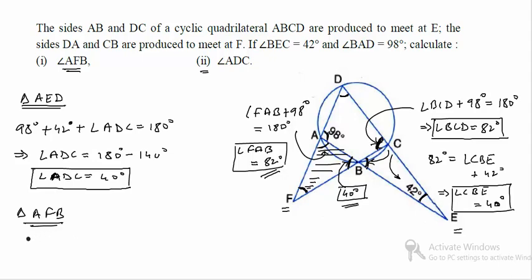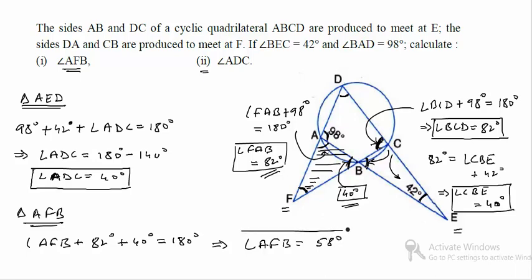So now angle AFB plus 82 degrees plus 40 degrees should become equal to 180 degrees, which means that your angle AFB is equal to 58 degrees, correct? This completes both of your parts.